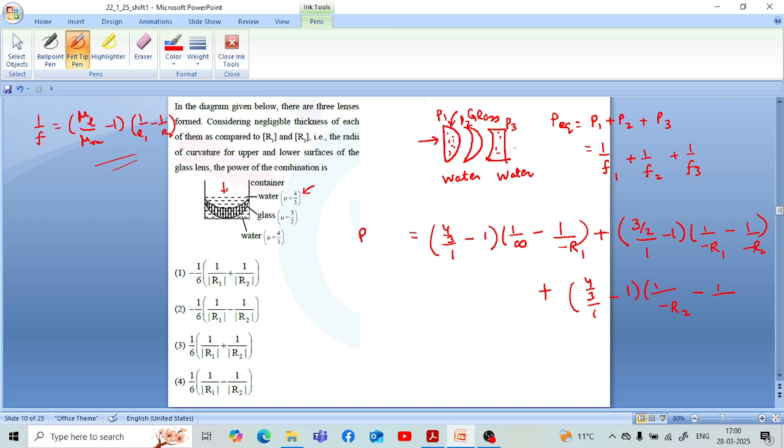Then minus 1 upon the second side of this water lens, which is plane, so we use infinite here. So these are the respective values which we put in the formula, and after calculation we found the result to be 1 upon 6 times the bracket 1 upon R2 minus 1 upon R1.